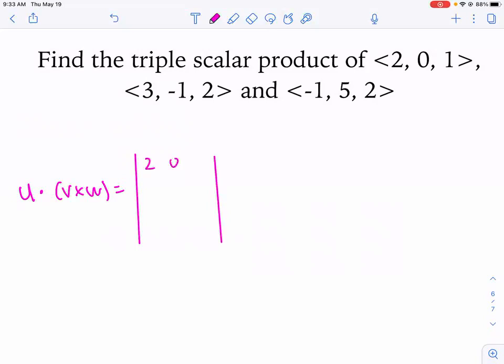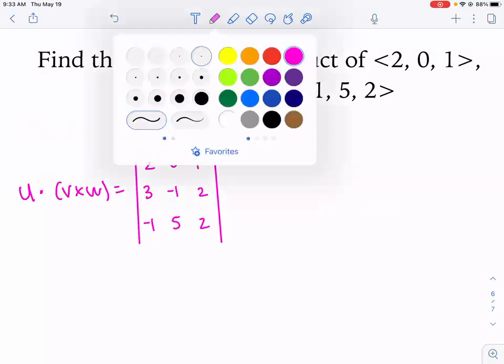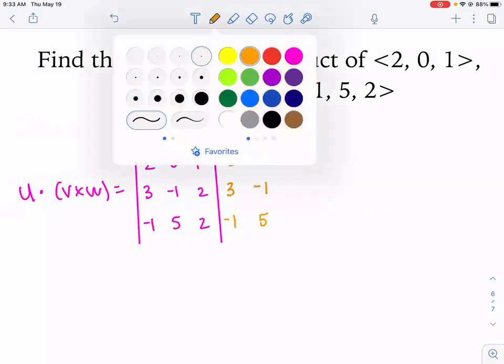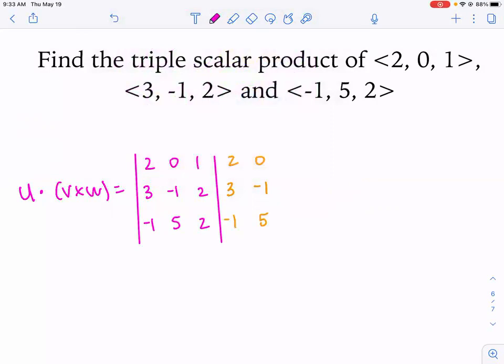So 2, 0, 1, 3, -1, 2, -1, 5, 2. And I actually like the triple scalar product better because I don't have to worry about I, J, and K. I can just find a number. I just go from left to right in that order.